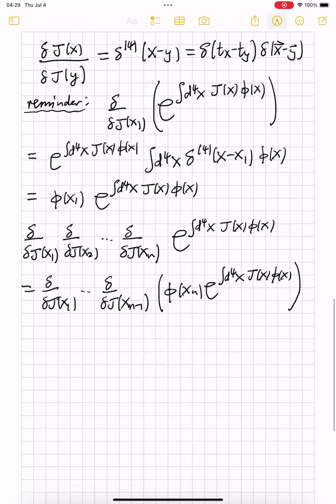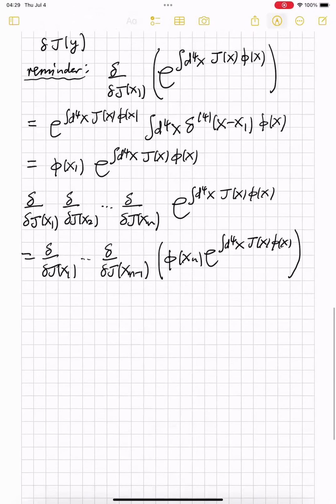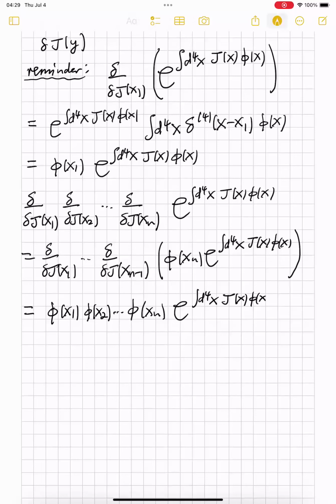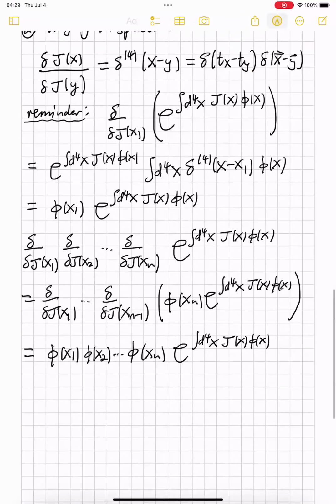And then we are just again recycling the example that we just did. So we can repeat that for j of xn minus 2 and so on, all the way up to j of x1. So the rule is that each of these functional derivatives is simply replaced by a phi evaluated at the same point. So that's the answer that we get for taking these n functional derivatives.